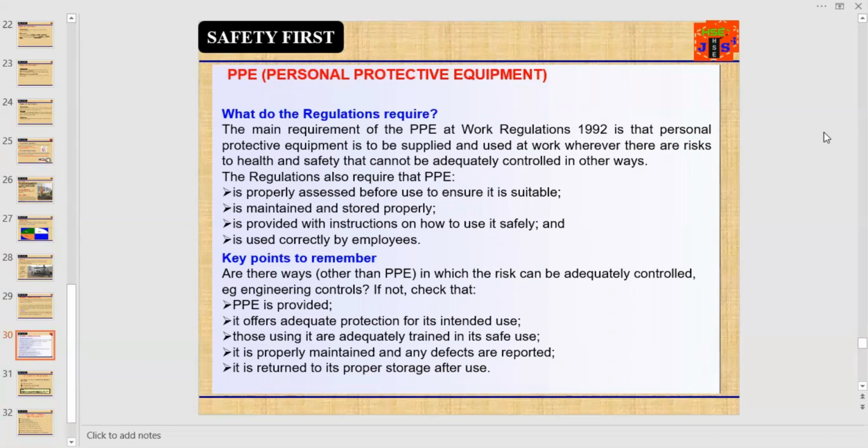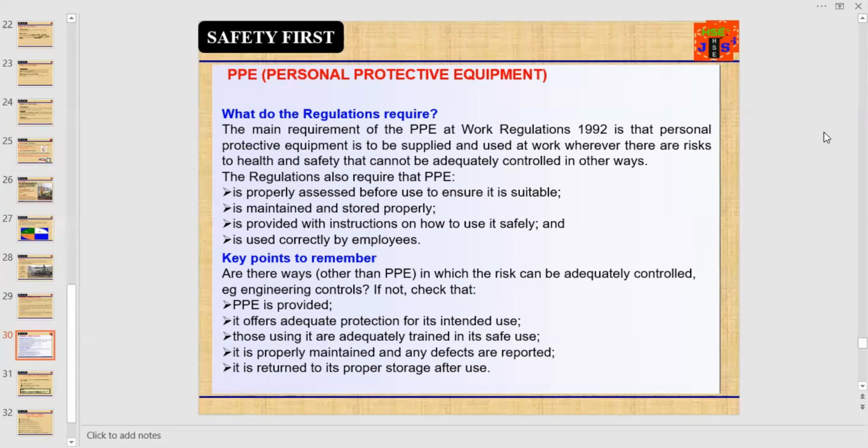The regulations also require that PPE is properly assessed before use to ensure it is suitable, is maintained and stored properly, is provided with instructions on how to use it safely, and is used correctly by the employees.